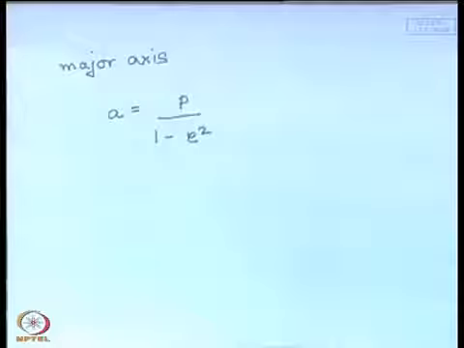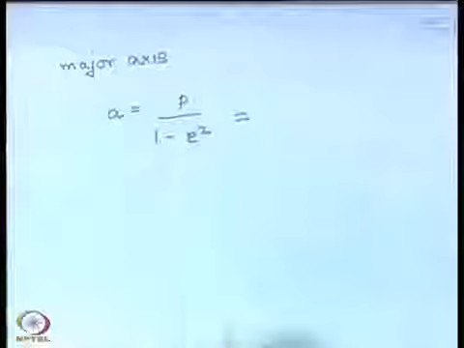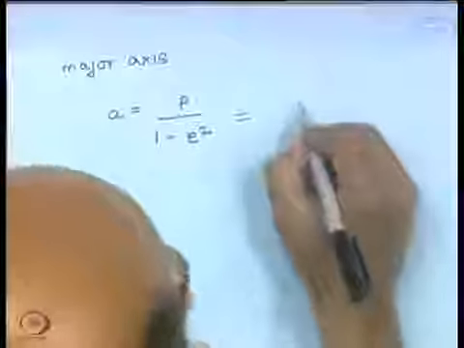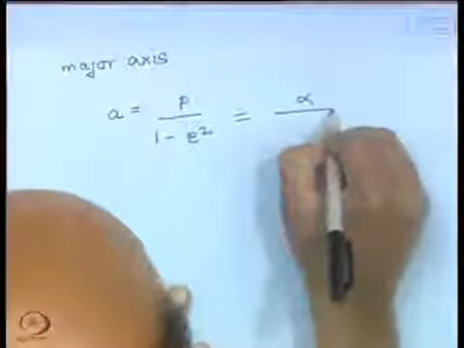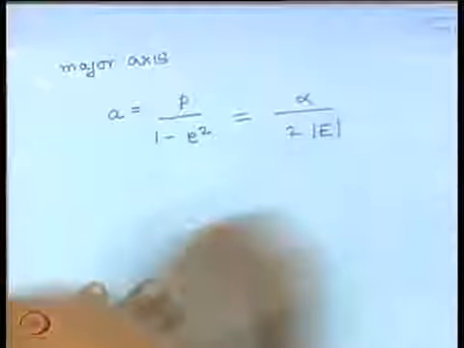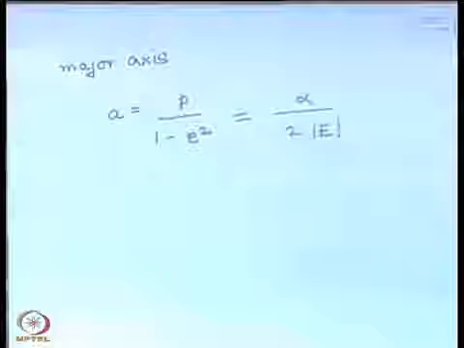You can just take the furthest distance and the nearest distance and add them up. So, you will get the major axis, and if you write p and e in terms of the energy, angular momentum, etc., then this comes out to be alpha by 2 mod E. So, very interestingly, the major axis does not depend on the angular momentum, it is determined just by the energy.